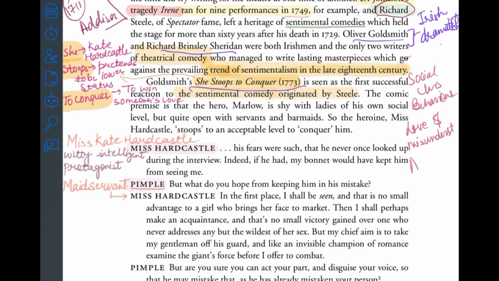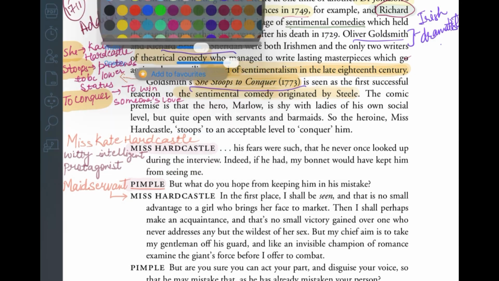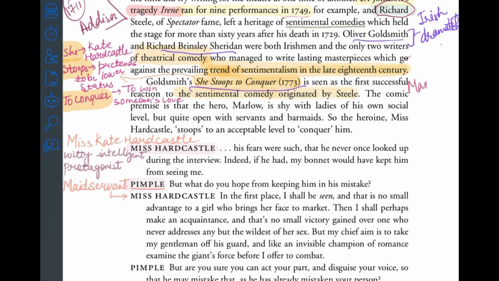Then appearance versus reality. What is real? Then another key theme of this work is manners and social expectation. Let me write it for you. These are the main themes. Remember, these themes are very, very important.